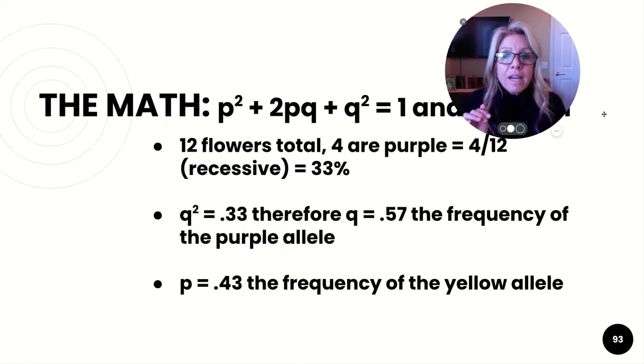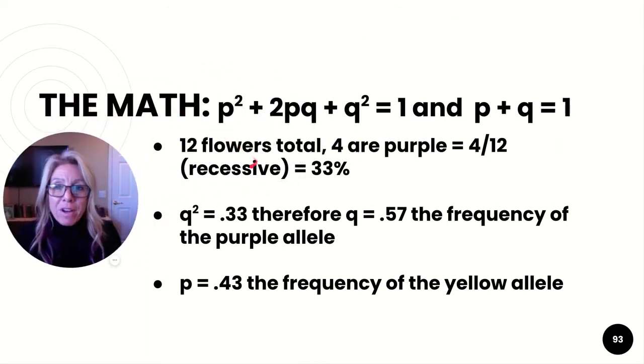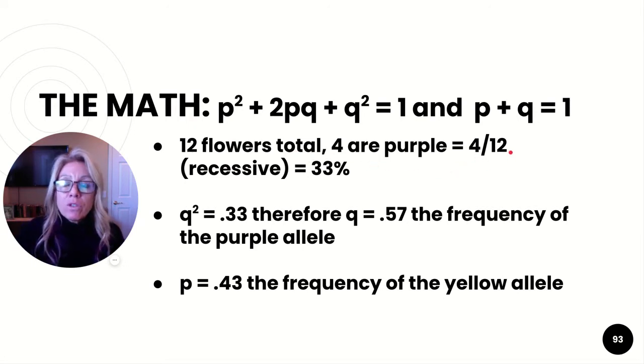So when I look at that, again, let me move myself over here. So the math on that, if 12 flowers total and 4 are purple, that means 4 out of the 12 have the recessive trait, or 33%. So that means my Q squared is 33%. When I take the square root, it's really 0.3333, but when I take the square root, that's 0.57.